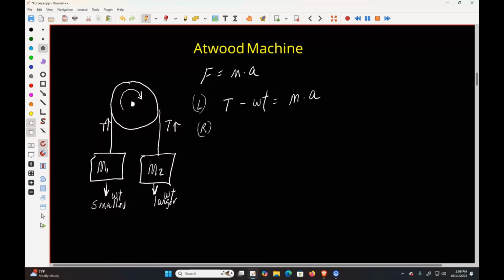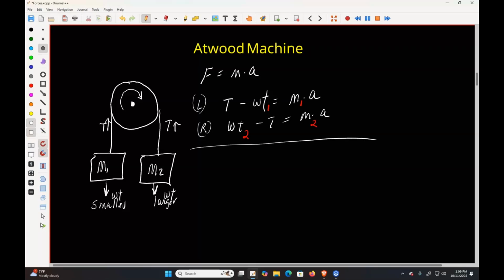On the right side, it's moving downward, so we'll say the weight minus the tension equals mass times acceleration. I'll put the weight of object 1 with the mass of object 1, and the weight of object 2 with the mass of object 2. The tension should be the same, and the acceleration should be the same.